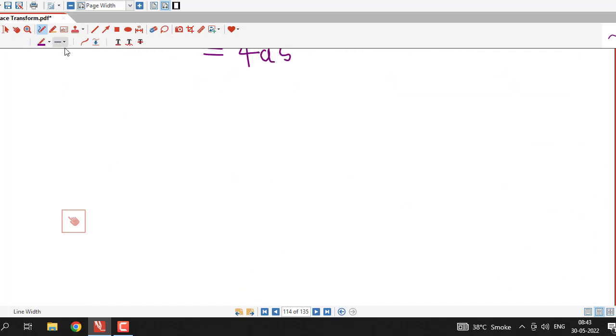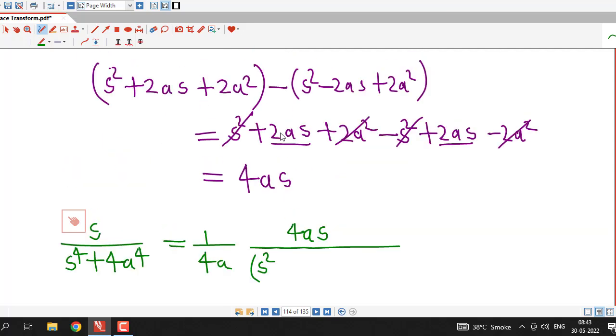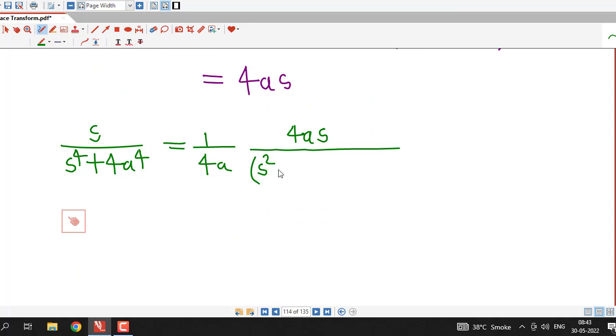So now we are rewriting our function, which is s divided by s raised to 4 plus 4 times a raised to 4. First we divide by 4a and multiply by 4a. So here I write 4as, and this is the product of these two quadratic factors, s square plus 2as plus 2a square times s square minus 2as plus 2a square.